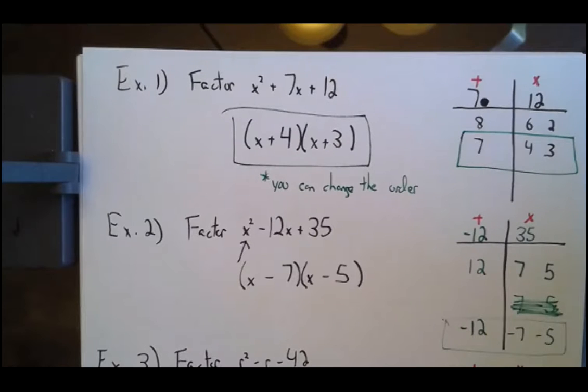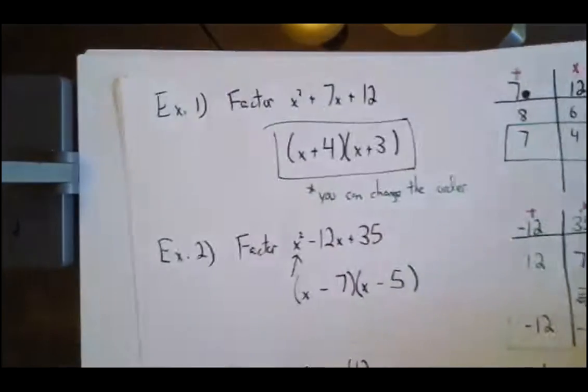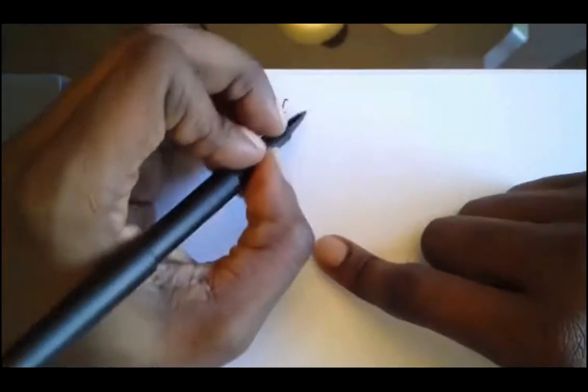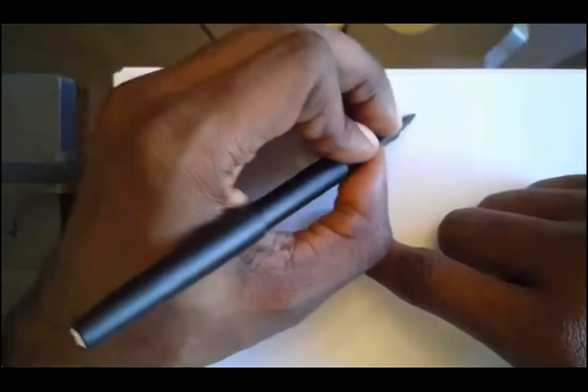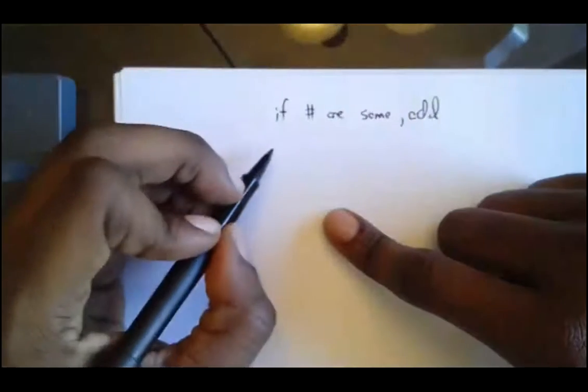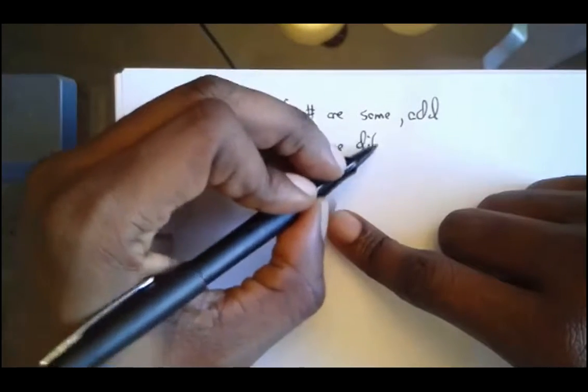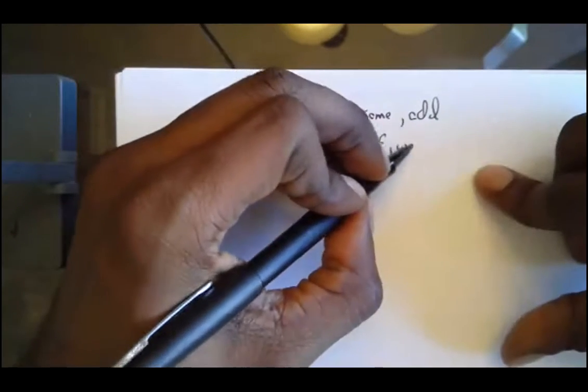No, because right now what we're doing is we're only using our integer rules. With the integer rules, you have to remember that if the numbers have the same sign, we add. If the numbers are different, we subtract and take the sign of the higher.